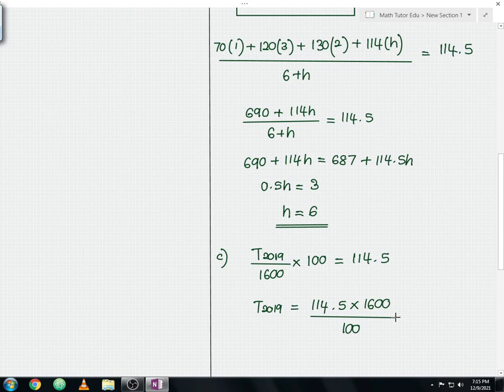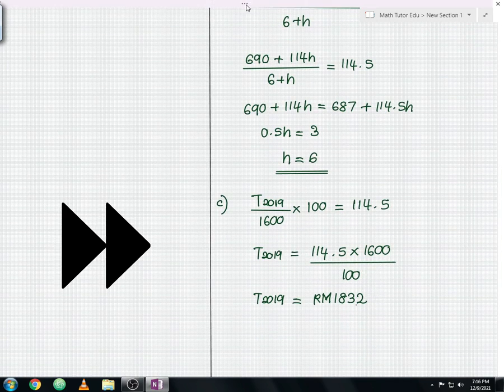So you calculate this, you should get your total expenses of stationery in the year 2019 is equals to 1832 ringgit. Okay, so let me underline the solution for the question part C.